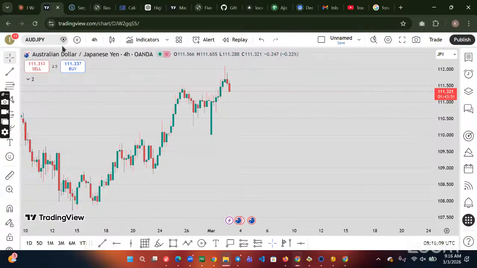So currently on my chart, I'm having AUD but let me use your comments. Which pair should I start with first today? Any pair, just drop it. The first pair I see on the comment section, that's the pair I'm going to be analyzing today.